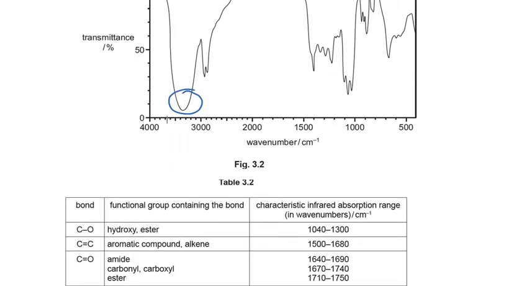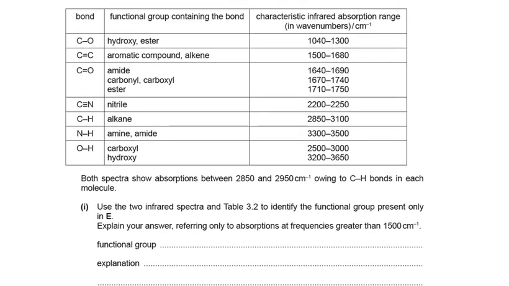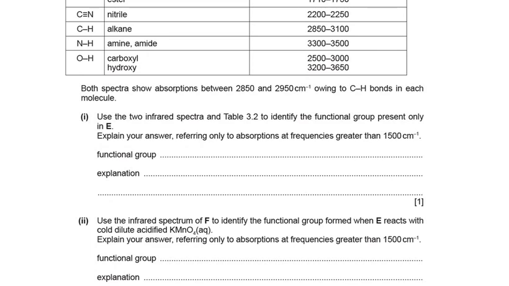Now let's read the question below it. Here is a table of the infrared spectrum showing the characteristic absorptions in the given range. Both spectra show absorption between 2850 and 2950 per centimeter owing to C-H bonds in each molecule. Use the two infrared spectra and table 3.2 to identify the functional group present only in E. Explain your answer referring only to the absorptions at a frequency greater than 1500 per centimeter.